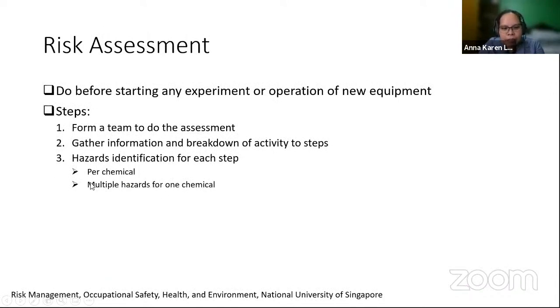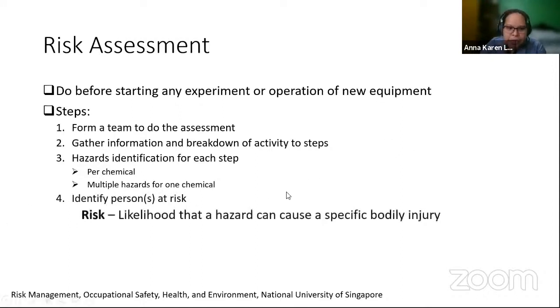There are chemicals that can have multiple hazards, so you need to do risk assessment per hazard per chemical. For one chemical, you have to have multiple assessments, depending on its hazards. Also, you have to identify the persons at risk. We define risk as the likelihood that a hazard can cause a specific bodily injury.